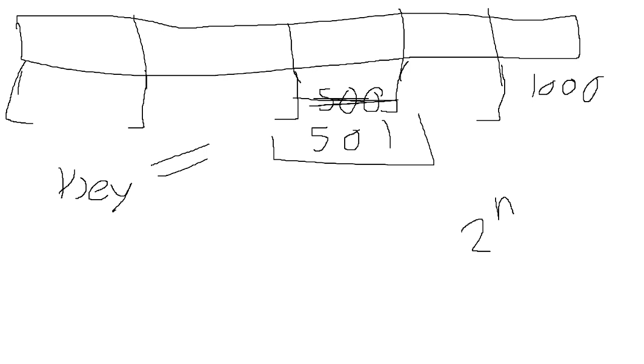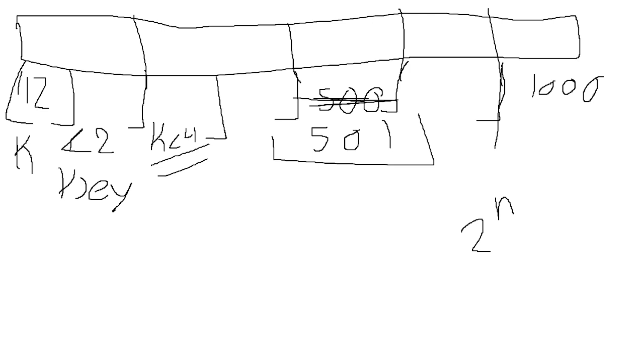For example, 2 to the power of 1, I check my first, like, 1, 2, and check if the key is less than 2. If not, I increment to key less than 4, and keep incrementing until I hit, let me calculate.